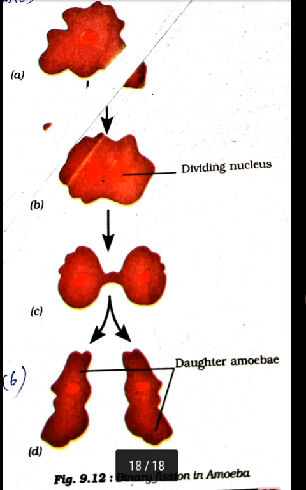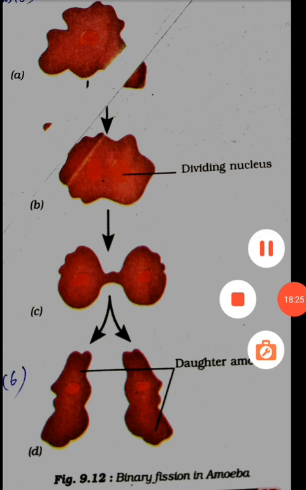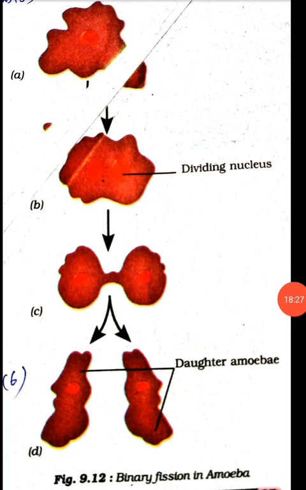Now we can see another method of asexual reproduction that is seen in the microscopic organism, that is amoeba. See that. Amoeba, it is a single-celled organism. It begins the process of reproduction by the division of its nucleus into 2 nuclei.